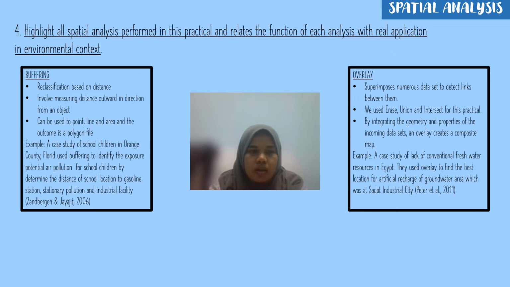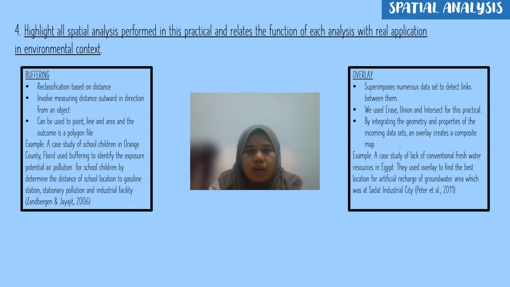For example, a case study of school children in Orange County, Florida, used buffering to identify the exposure potential to air pollution for school children by determining the distance of school location to gasoline stations, stationary pollution, and industrial facility.